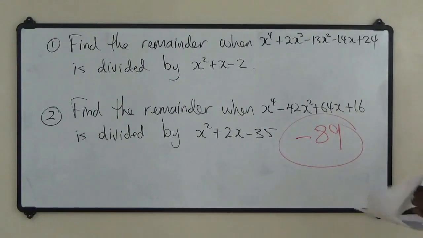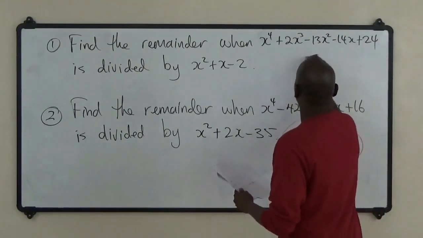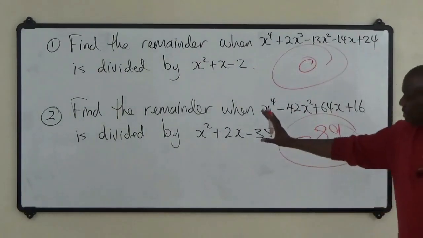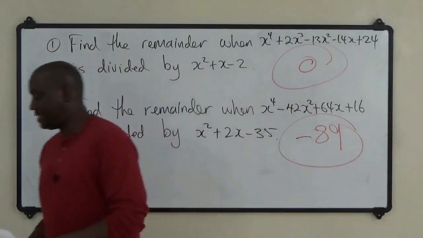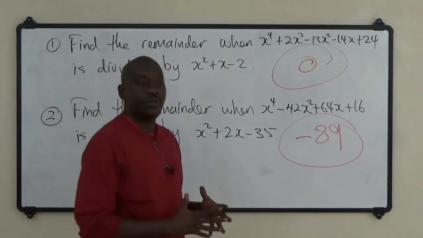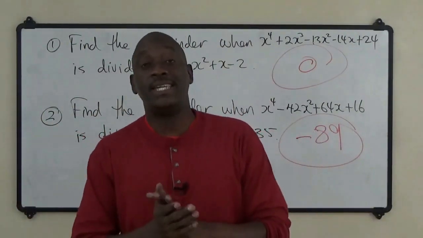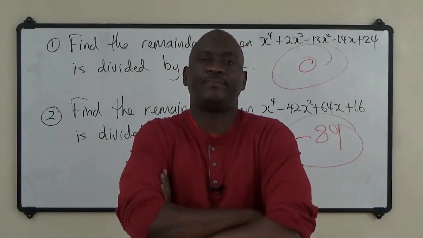And in the second case, the remainder is 0. So you have the answers. You have 2 questions there to do, following the same template that we would have employed in the 2 videos prior to this one. And this is your remainder and your factor theorem.